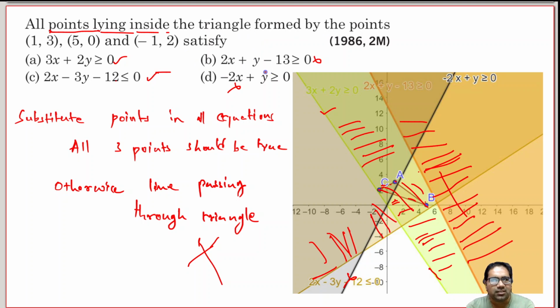Because it is about satisfaction of the equation, we have to ensure that the triangle is in the respective region also. In this case, though the triangle is on the other side, it is not falling in the region. If this was less than or equal to 0, then this statement also would have been true. Right, guys?